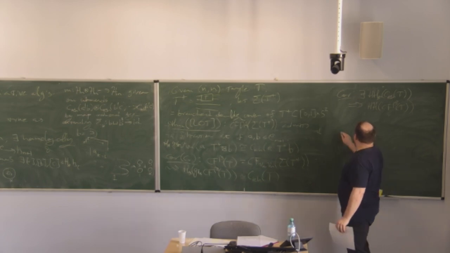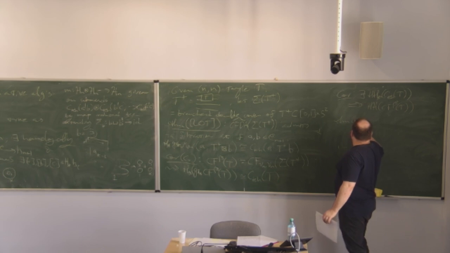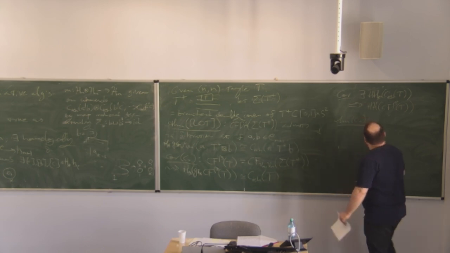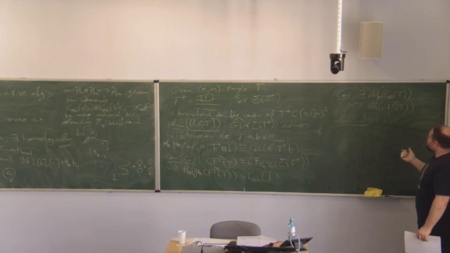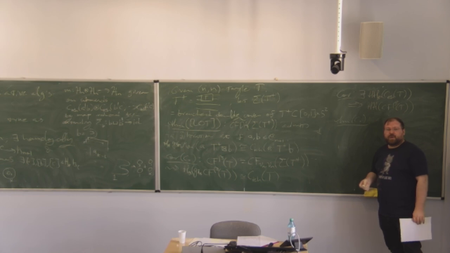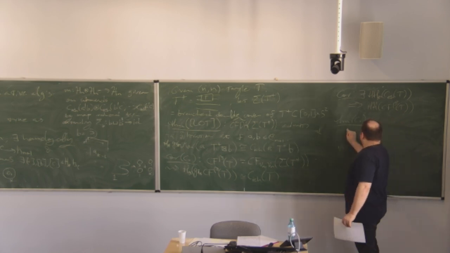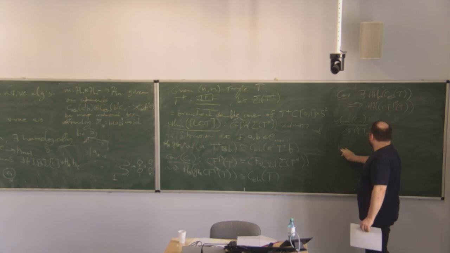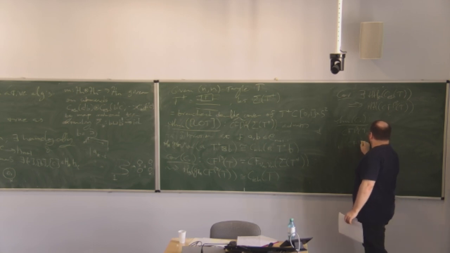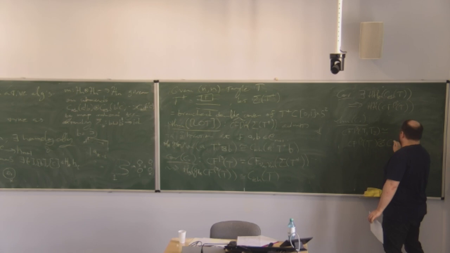Another theorem. What may be of independent interest is that these A infinity bimodules also satisfy a gluing property. So CF beta of T1, T2 is quasi-isomorphic to CF beta of T1 derived tensor product CF beta of T2.